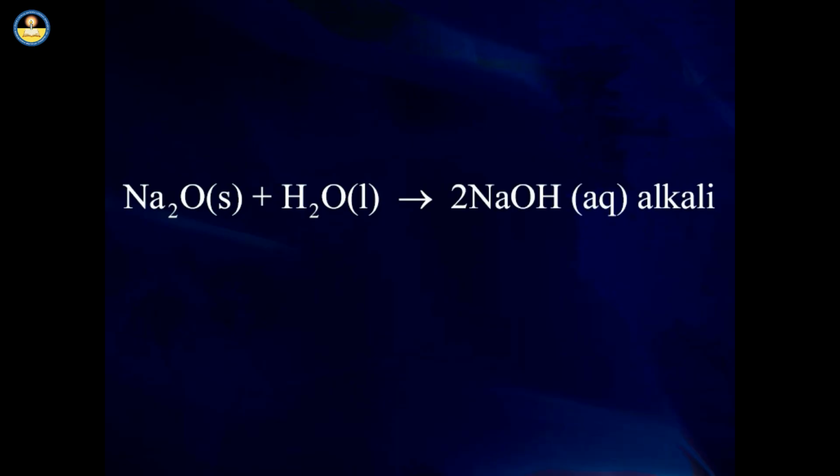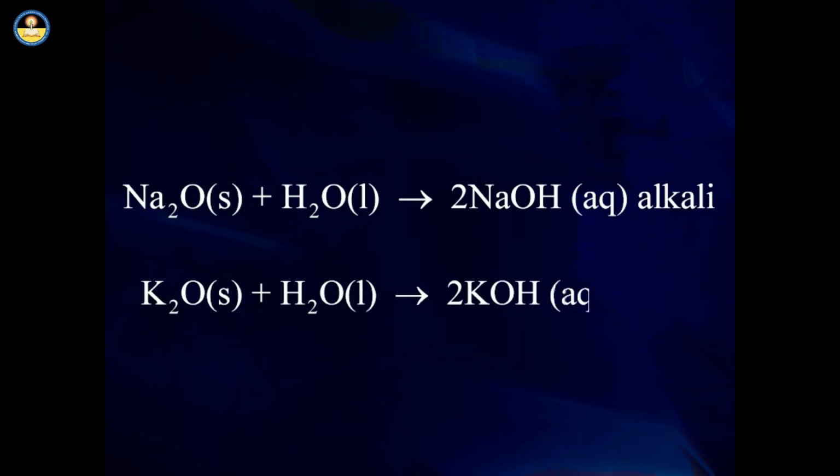Na2O in solid state reacts with H2O in liquid state to give 2NaOH, which is an aqueous alkali. K2O in solid state reacts with water in liquid state to give 2KOH, which is an aqueous alkali.